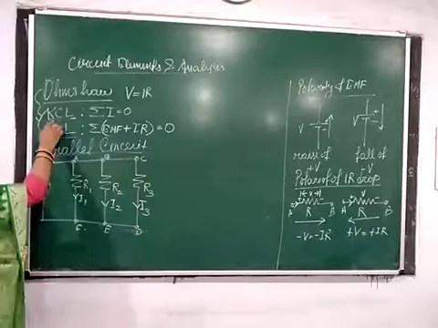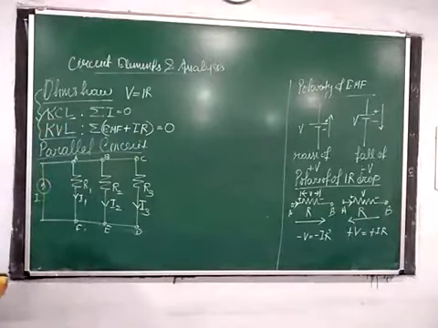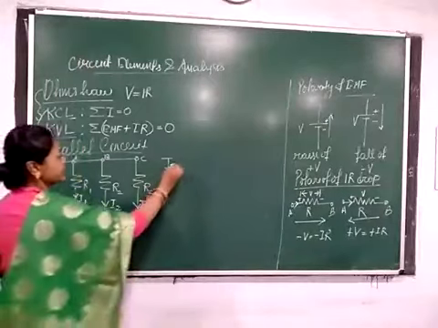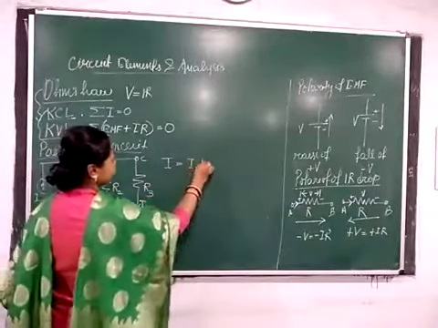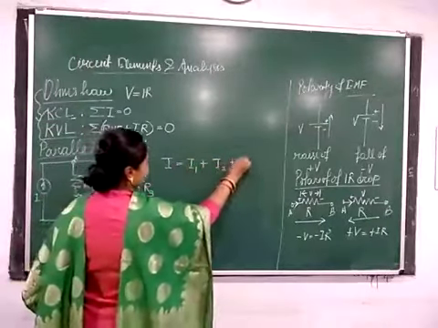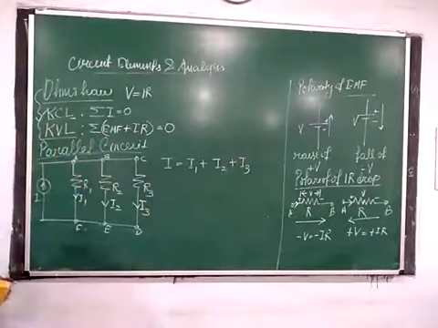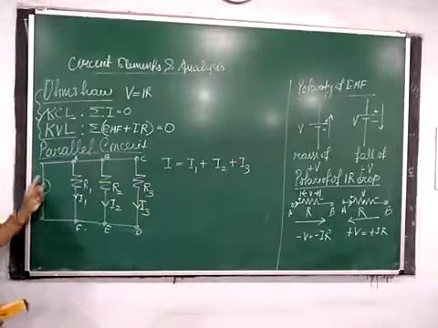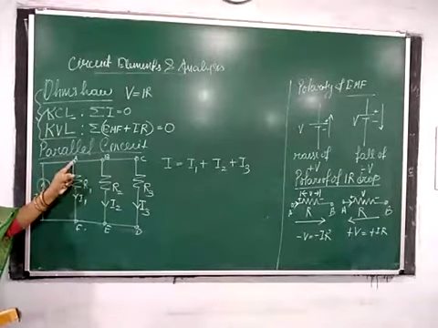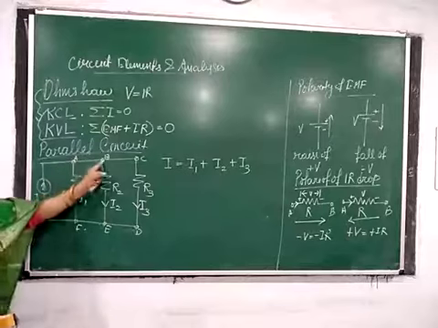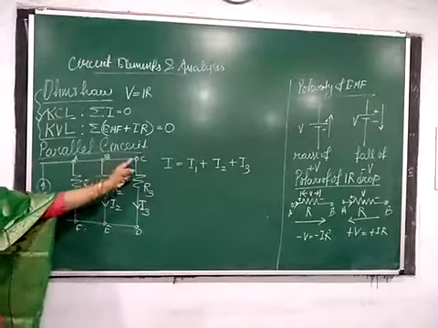So, according to Kirchhoff's current law, the sum of incoming currents is equal to the sum of outgoing currents. Clear?